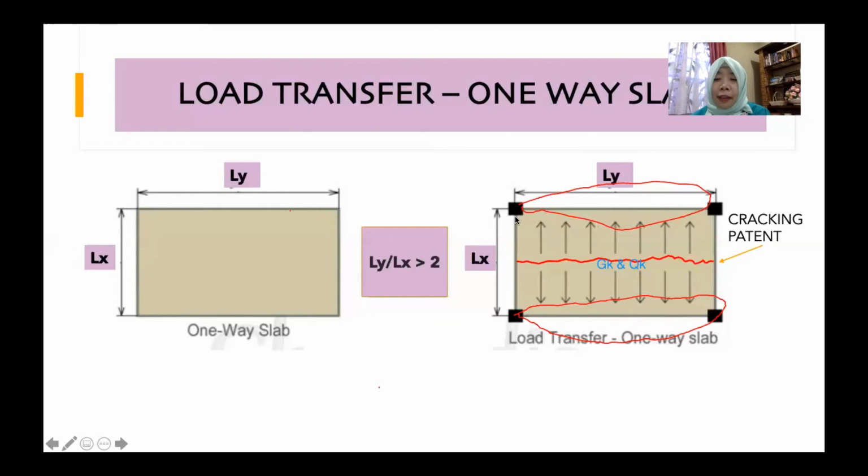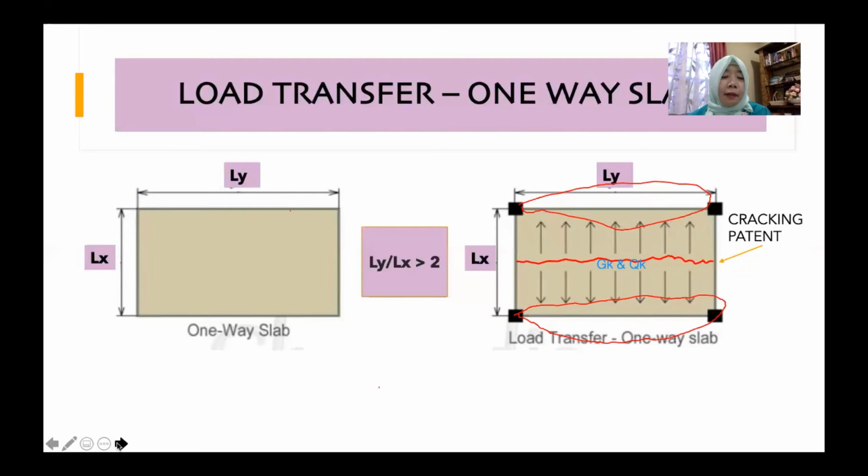This beam will only support itself. It does not support the slab weight, because the crack only causes the slab load to go this way and this way and not this way. Therefore, in design, if we want to design this beam, we must consider GK and QK from the slab and also the self weight of the beam.